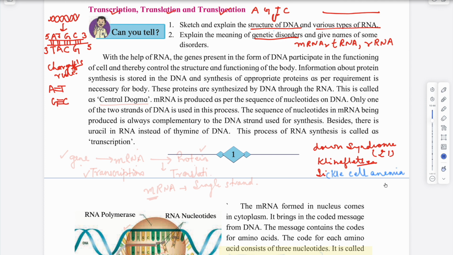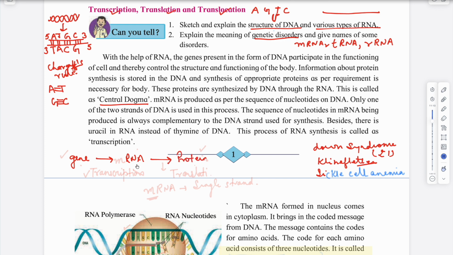Sickle cell anemia, right? So next concept in this is central dogma. What do you mean by central dogma? Now, as I previously said, genes code for proteins, or you can say genes make protein within a cell. But how do they make protein? A gene will first of all produce a copy of RNA, and this RNA will get translated into protein.